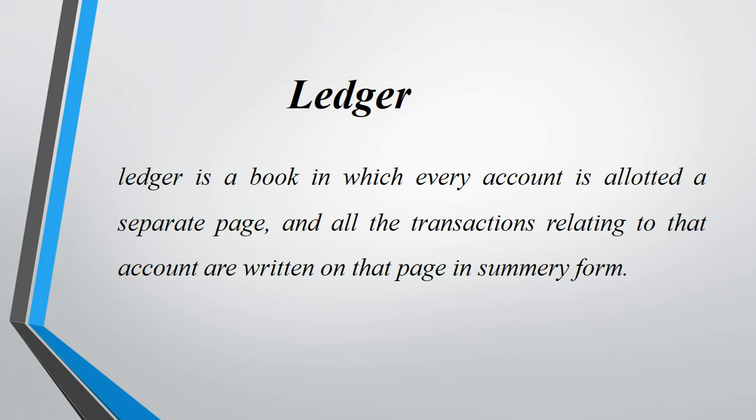For example, we will write all the cash transactions in a cash account, because we will create a specific account for cash, and all the transactions related to cash should be written in this account in summary form. Second, for example, we have salary expenses.